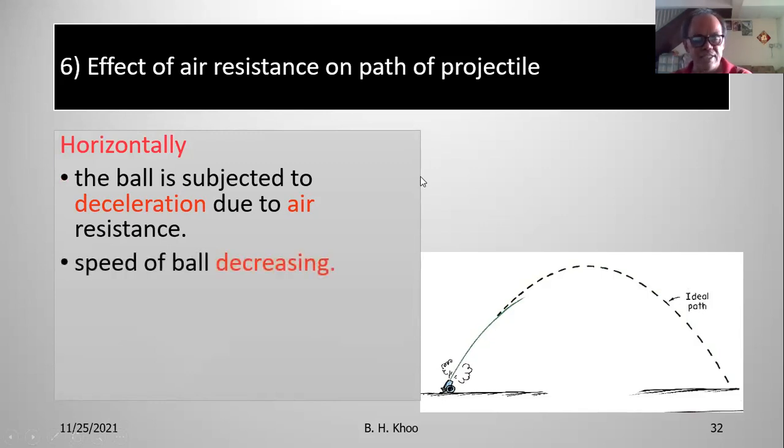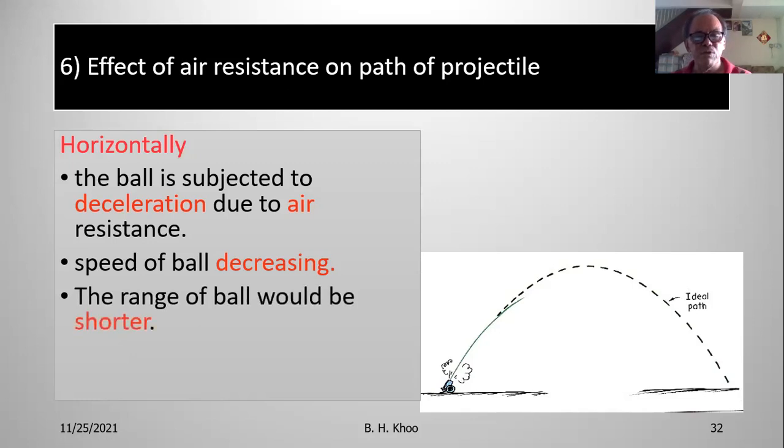Speed of the ball decreases. So if the speed decreases to 0, then you will drop down vertically. The range of the ball will be shorter, right? Because horizontal speed is now lower. Vertical height is also shorter, so the time is also going to be shorter, so it won't go further. Right? Shorter range.